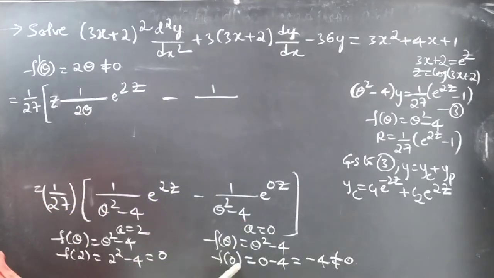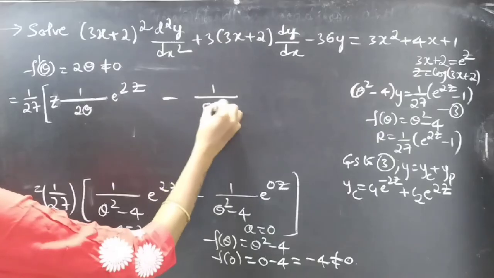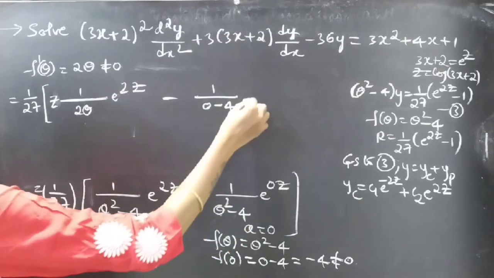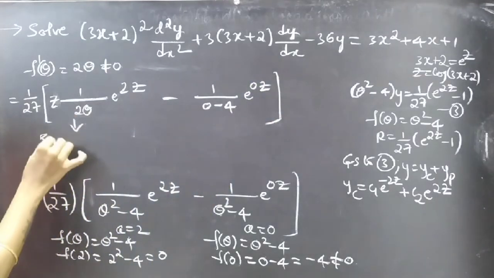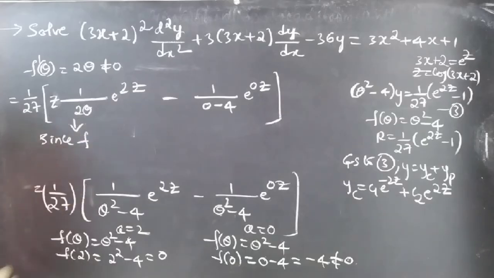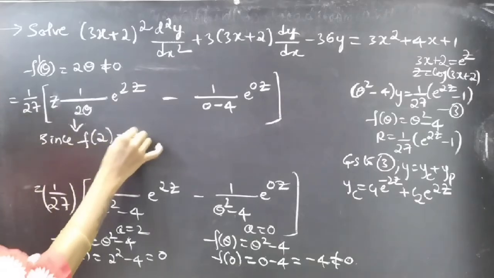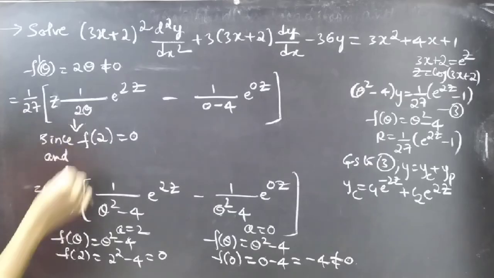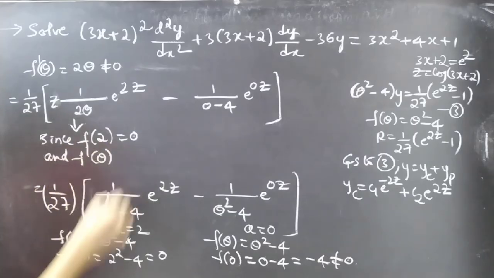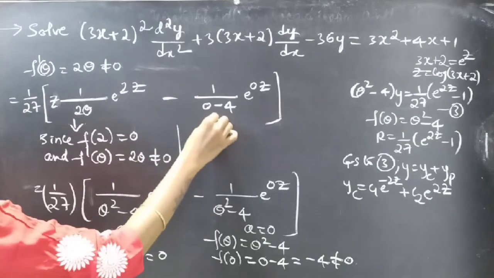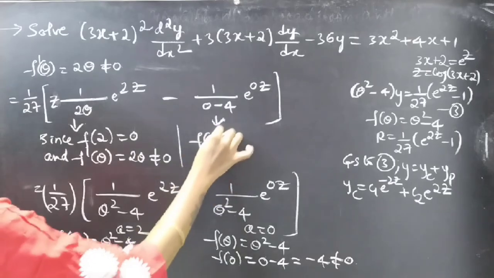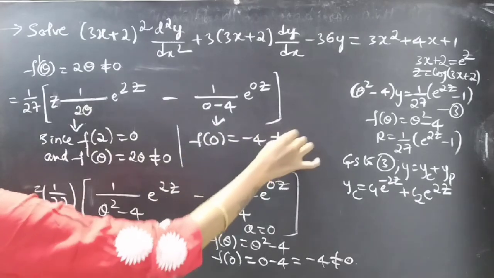Since f of 0 is minus 4, which is not equal to 0, we'll substitute theta by 0 in the second term. I'll write the reason here: since f of 2 equals 0 and f dash of theta is equal to 2 theta, which is non-zero, and here the reason is f of 0 is equal to minus 4, which is non-zero.